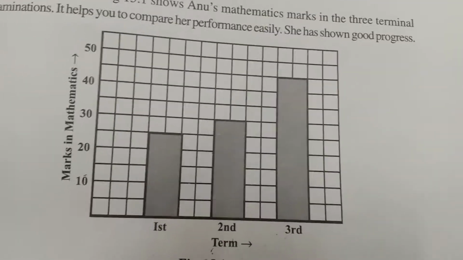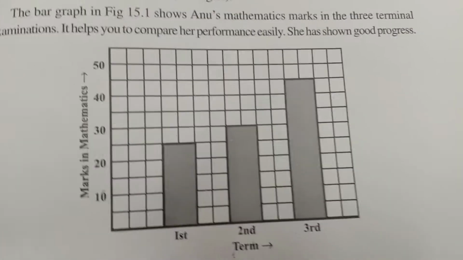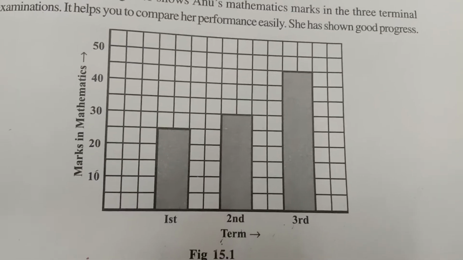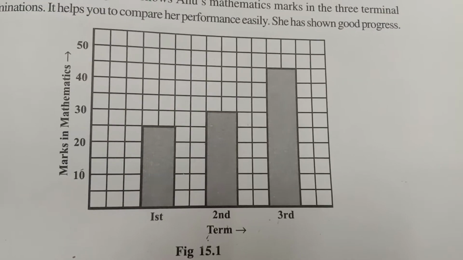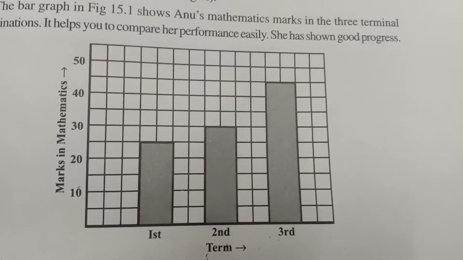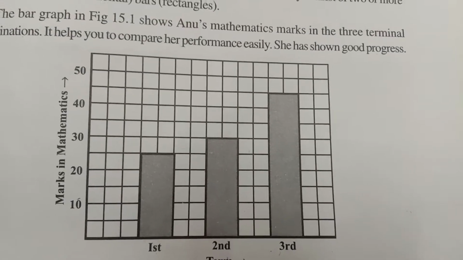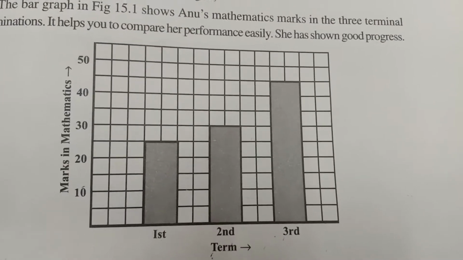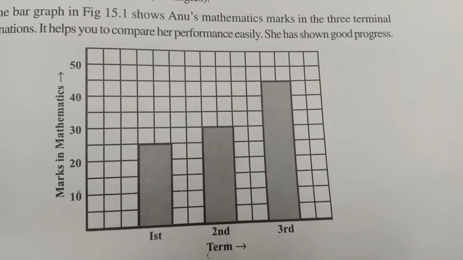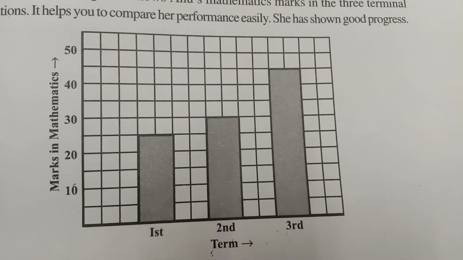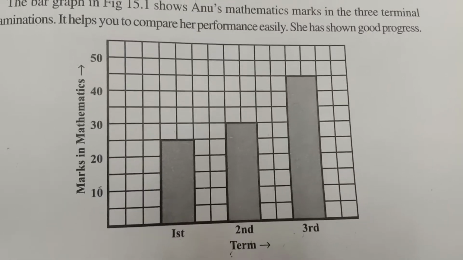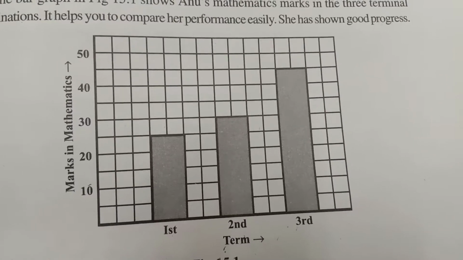In a bar graph, we have 2 lines, a horizontal line and a vertical line. On the horizontal line we represent the terms, first term, second term and third term. Marks are represented on the vertical line like 10, 20, 30, 40 and 50. The scale here, you see 2 boxes: 2 centimeters is equal to 10 marks, or 1 centimeter is equal to 5 marks.